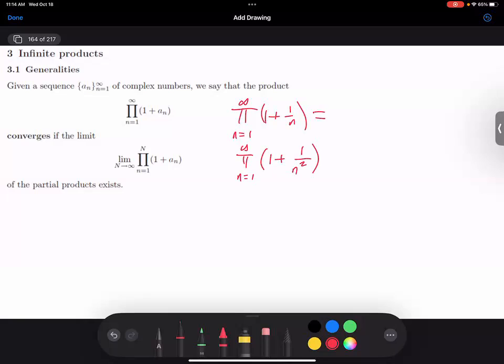Can somebody tell me what the terms are going to look like for the first one? So what's the first term? When n equals 1, we get 2. Is that how I should write 2? 2 over 1, thank you. What's the next term? 3 over 2. What's the next term?